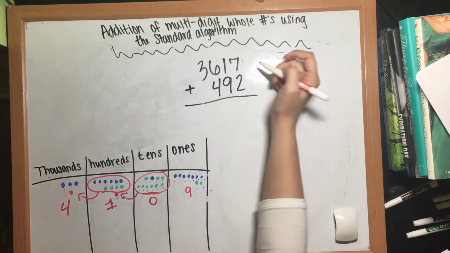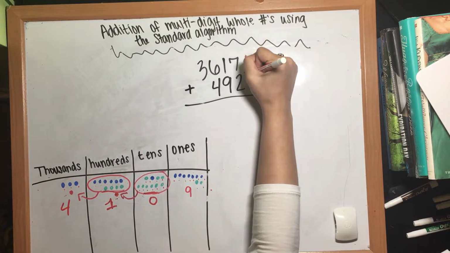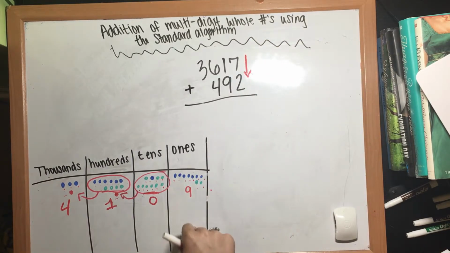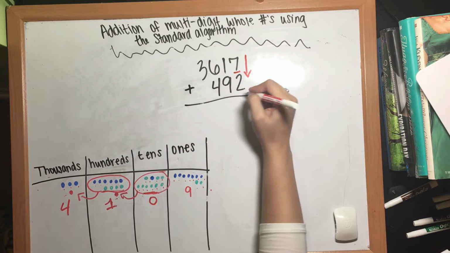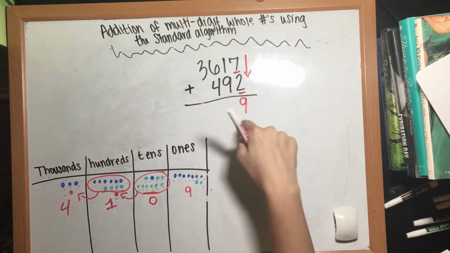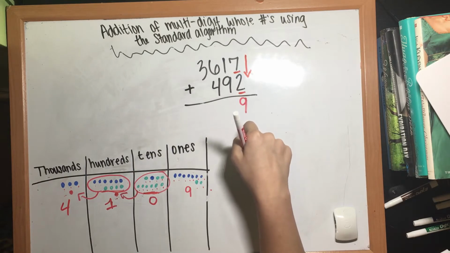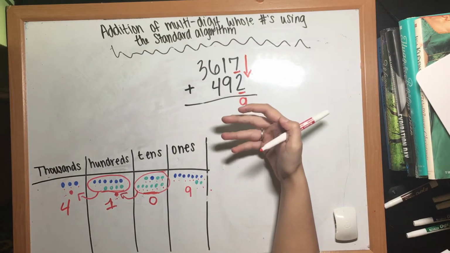Okay, so remind them that they're adding down the columns, not rows, just like they did with the place value chart. So this is my ones place, so I'm going to add up my ones place. 7 plus 2, that gives me 9. Is this number okay to stay in the ones place? Yes, because it is less than 10, so I do not have to regroup.